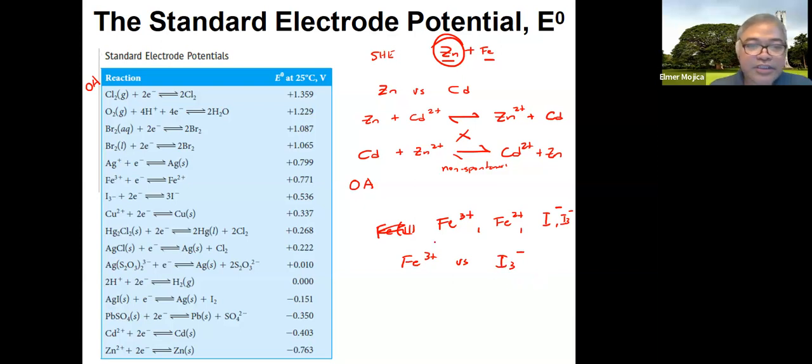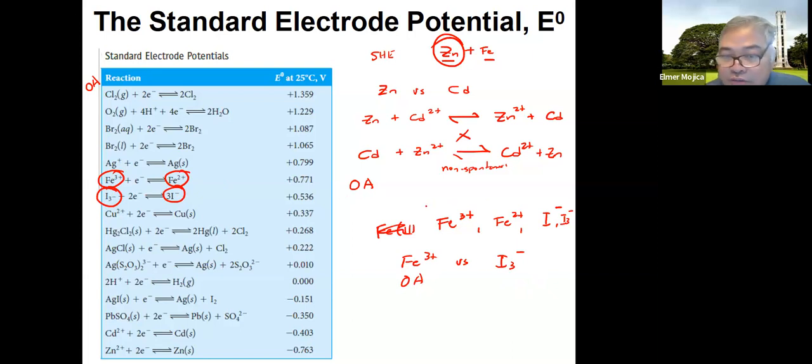So if we're going to look at this, okay, this is Fe3 plus, and this is the triiodide. So we could say, on the other hand, you have the, what is this? A more reduced form, okay, on this one. So this is a better oxidizing agent.